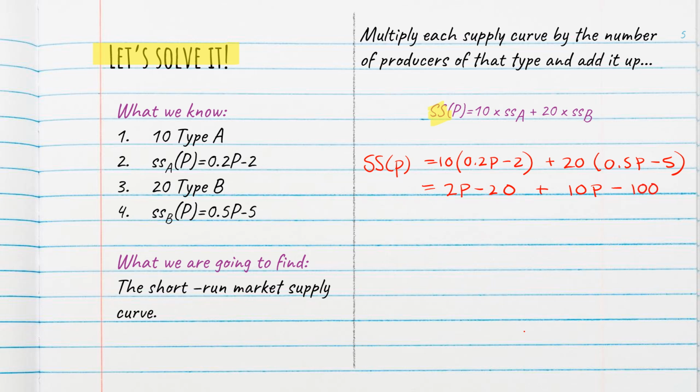And now I can collect like terms, and I get that the short run supply curve for the market is equal to 12p minus 120. And that is how you solve for the short run market supply curve when you have more than one producer type.